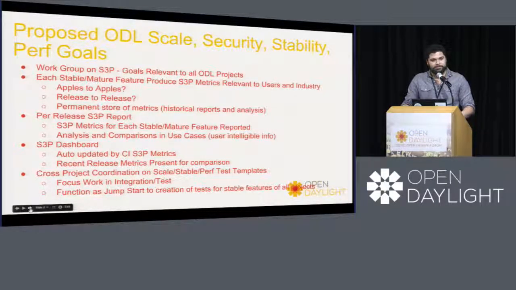I don't know if anybody here can succinctly explain to me what OpenDaylight OpenFlow plugin performance is like, or how well OVSDB scales, or how well other projects do what they need to do. If we can't succinctly explain it to each other easily here, we can't expect users or the industry to be able to do that either. And so I think we need to converge on a way to do that.